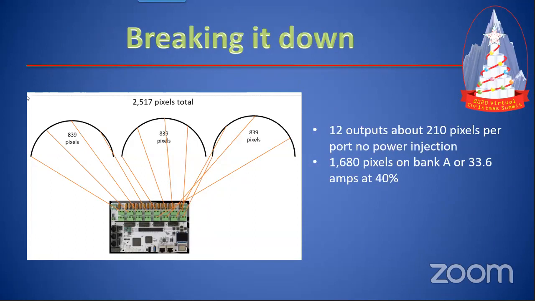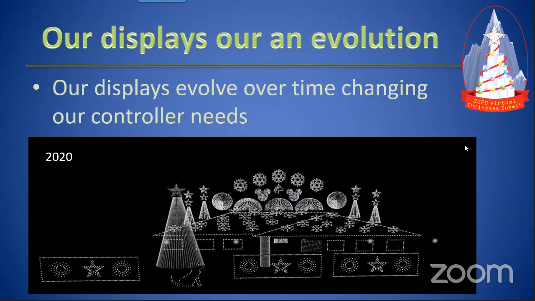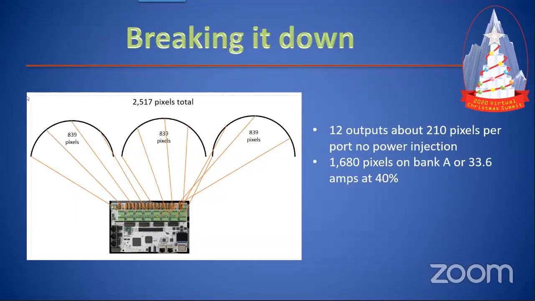So let's start breaking it down. If we take a standard controller that you have 2 power supplies hooked up to on either bank, in this example, I'm using the 3 arches as shown here on my roof, which are these 3 right here. These are the new ones from Gilbert Engineering, and each one is 839 pixels.